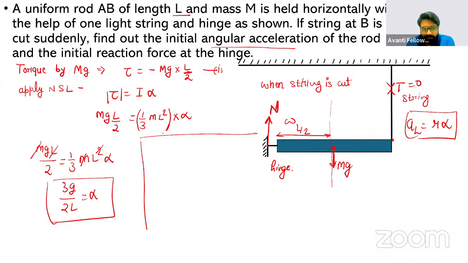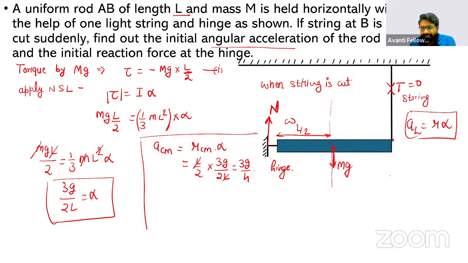So acceleration of the center of mass is nothing but r of center of mass into alpha. Now alpha is the same for every point, so r CM is nothing but L by 2. Alpha is 3g upon 2L. So L and L will cancel out, so it is coming out as 3g upon 4.